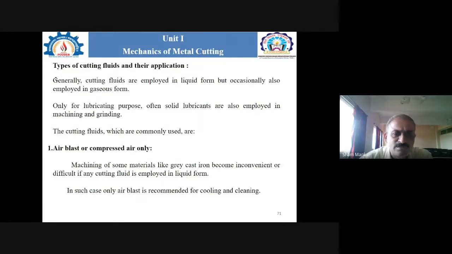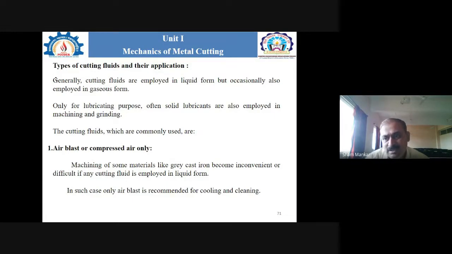Machining of some materials like gray cast iron becomes inconvenient and difficult if such a cutting fluid is employed in liquid form. So that is one case where we can use this cutting fluid, that is, the air blast or compressed air.